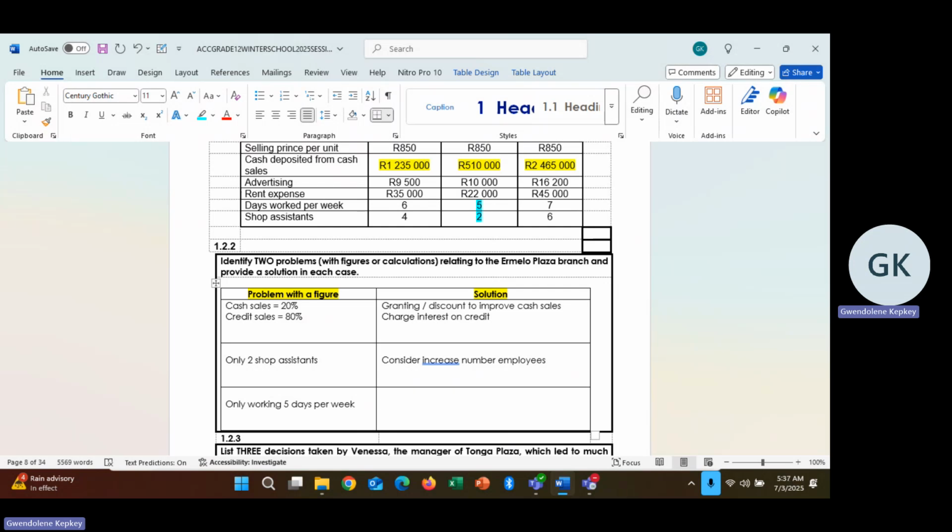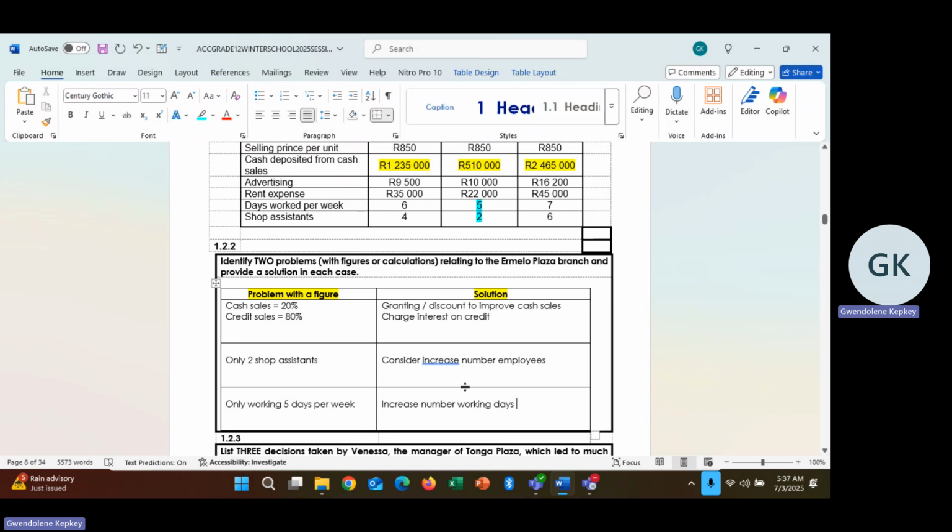Or improve their sales. So just simply they increase the number of working days. That has implications that could be negative, but you working an additional day could increase your sales.